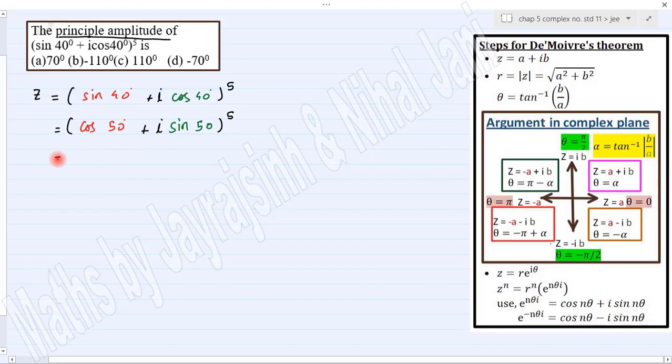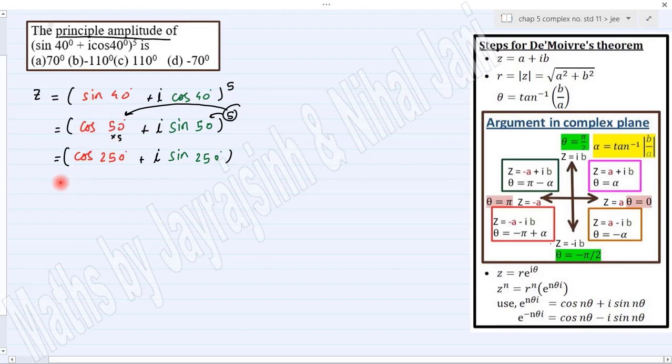So we are ready to apply De Moivre's theorem. According to De Moivre's theorem, we can multiply power with the angle. So we will get cos(50 × 5), or we can say 250 degree. Similarly, your second term will be i sin(50 × 5), or we can say 250 degree.